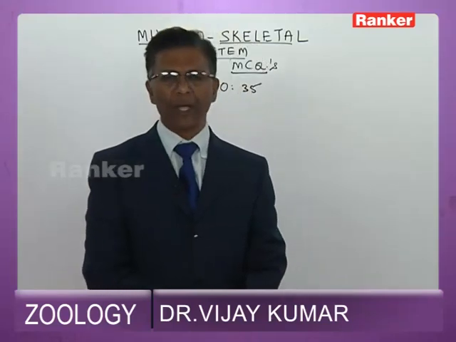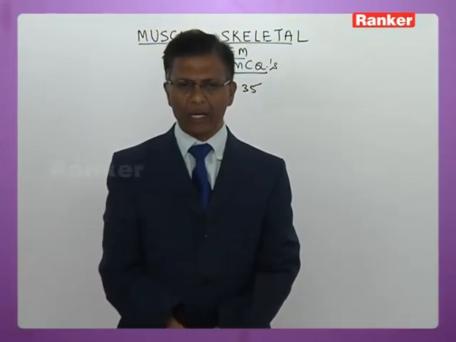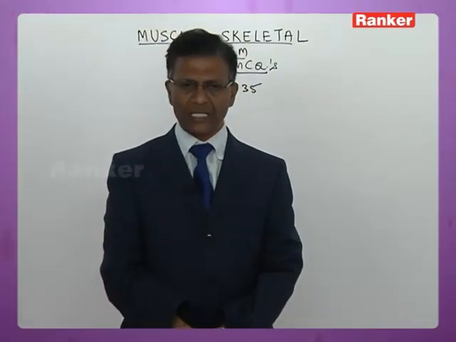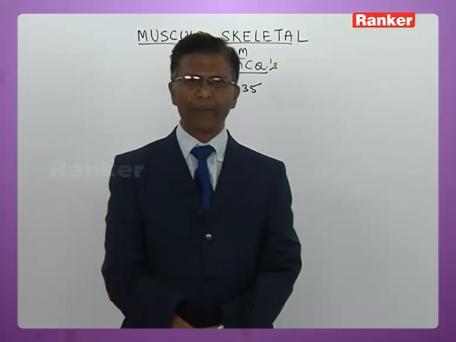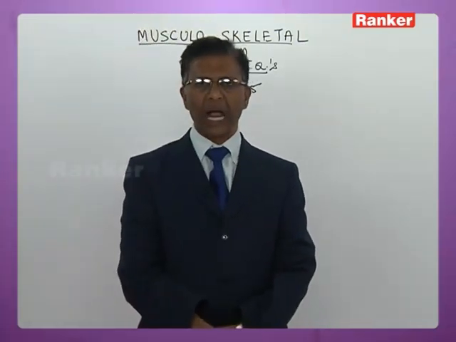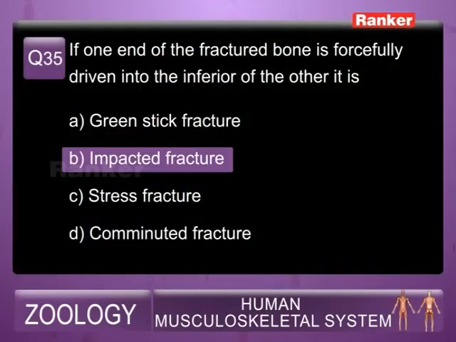Impacted fracture, where one bone pierces into the other one. C. stress fracture, where the bones develop fissures. D. comminuted fracture, where the splinters of the bones are noticed at the site of injury. So among these, the correct answer is B, that is impacted fracture.